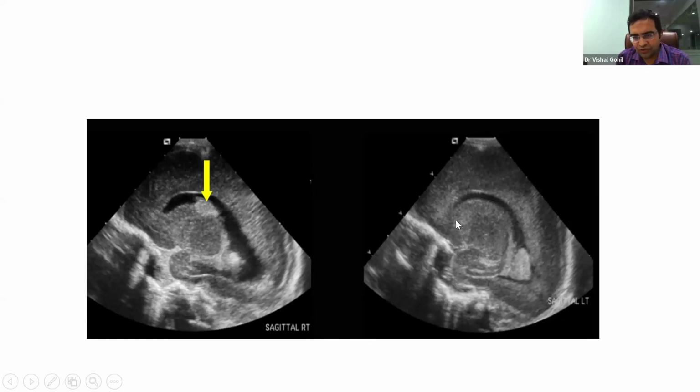But if you could not see any echogenicity or any bleeding around other places, that means it is a part of the choroid plexus, not part of the IVH. This structure we call a bulky choroid plexus. In extreme preterm, sometimes less than 30 weeks, it is a common finding, and people might misconceive it as an IVH, but it is not.